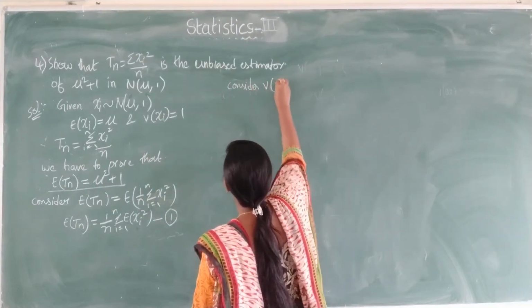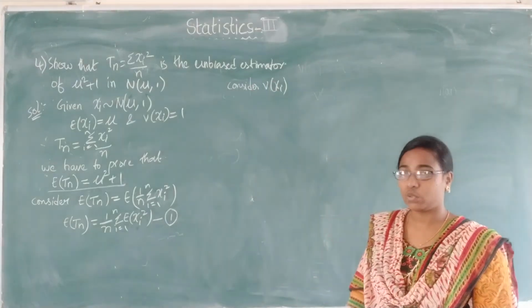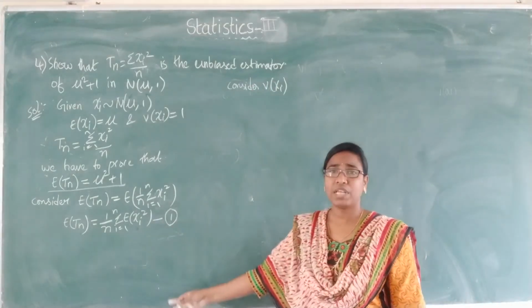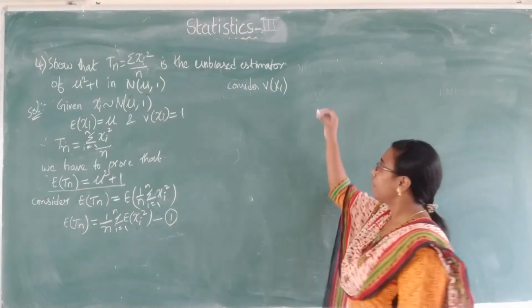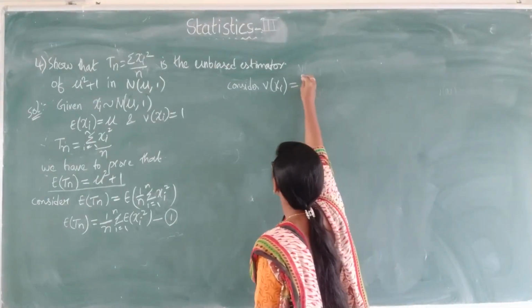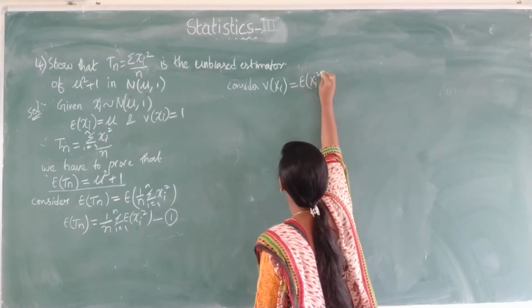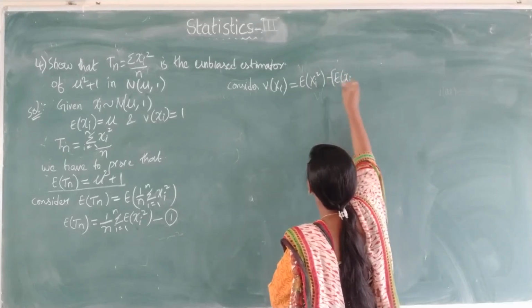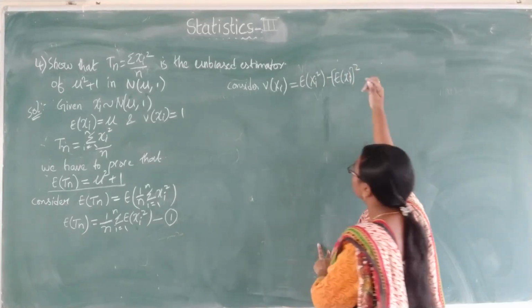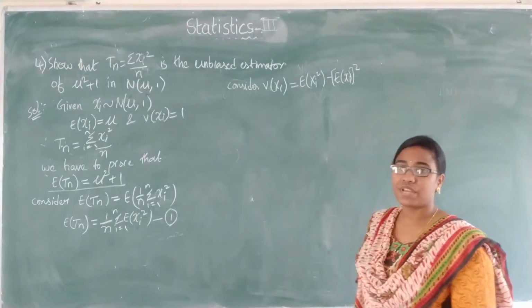Now consider variance of xi. Here sample values take the population values, so you can replace the small x with capital X. Variance of xi equals expectation of xi square minus expectation of xi whole square. This is the formula for the variance in terms of expectations.